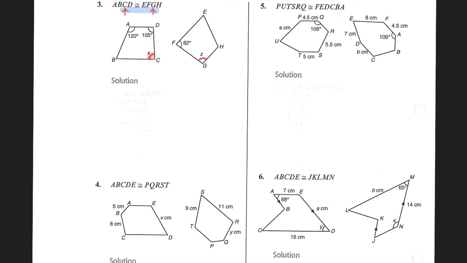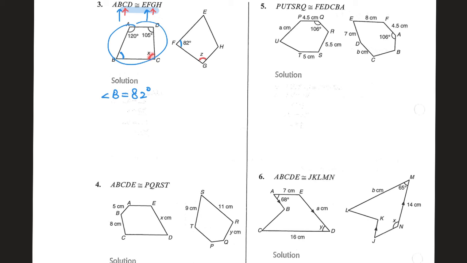It seems like we have done nothing, but it will be a very good start. Now we can't find any unknown immediately, so is it possible to find angle B, the second letter of the congruent figures? B matches to F, which is 82 degrees. So angle B is 82 degrees directly.